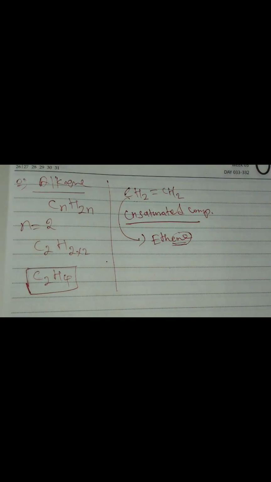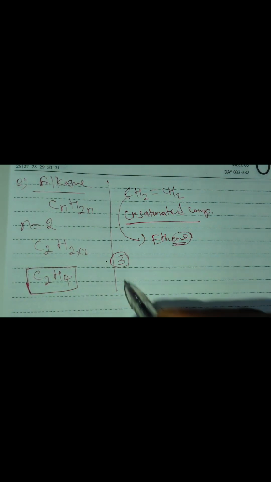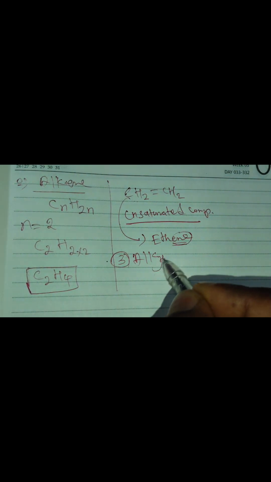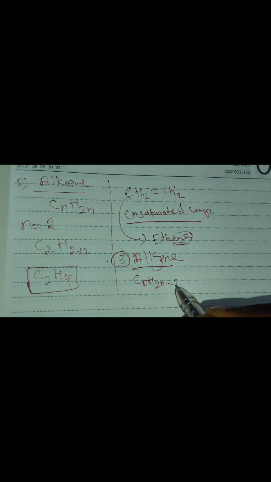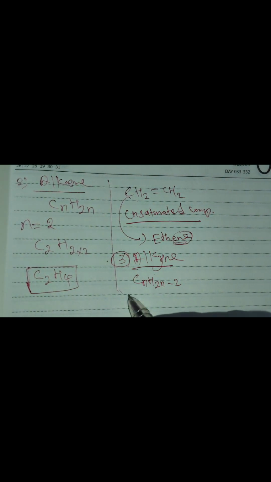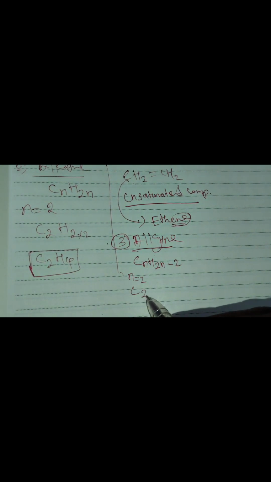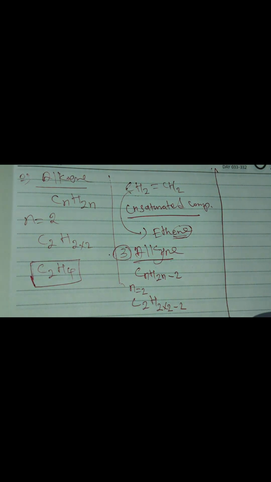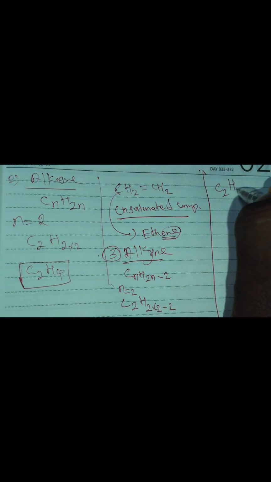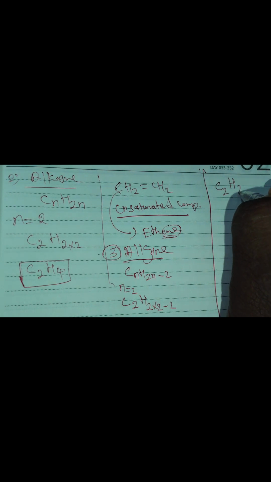Similarly there is a third type, alkyne. Its general formula is CnH2n-2. Now n is equal to 2. If you assume the formula, that is C2H(2×2-2), so we get C2H2. This is HC≡CH.